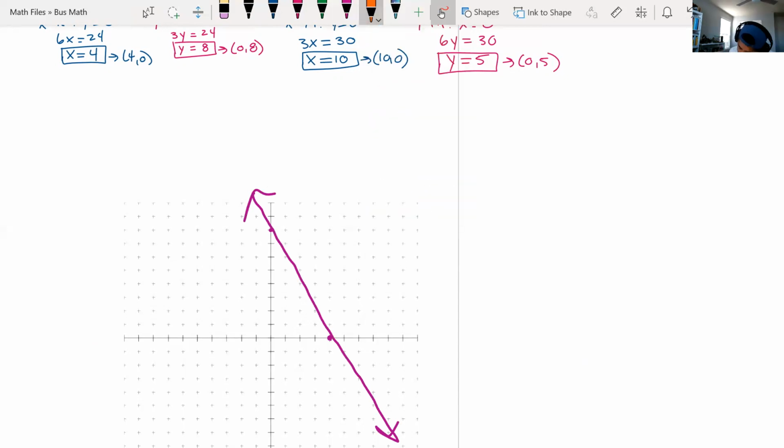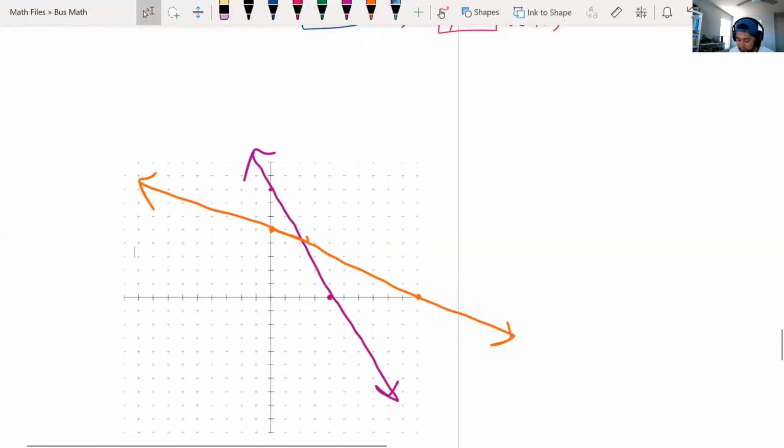And then 10 and 5. Way off. One more time. Whatever. Got it. And then bam, there we go. There's my 2 lines, a little crooked, but whatever.